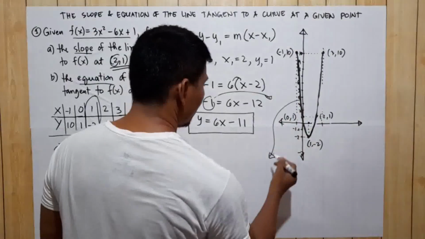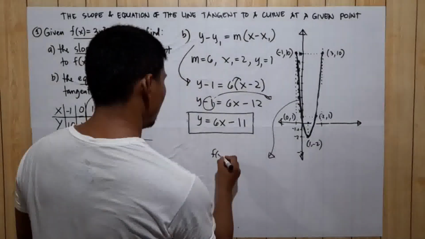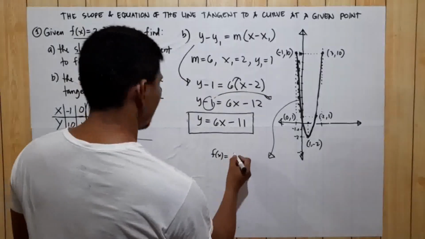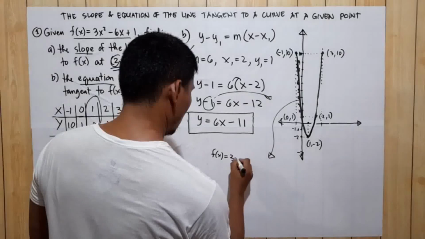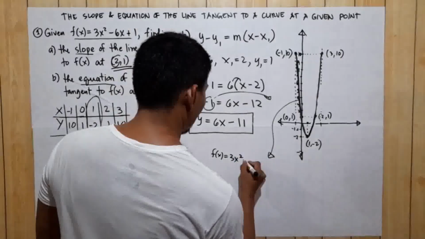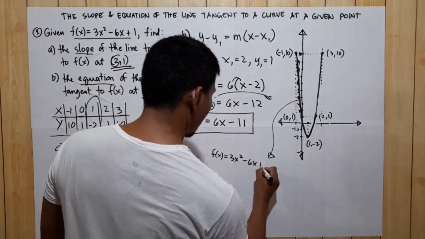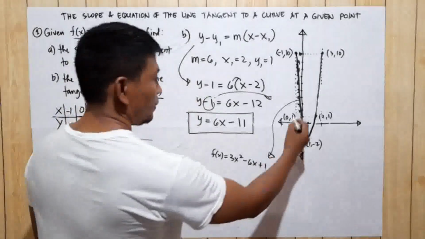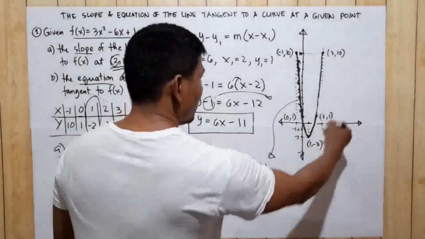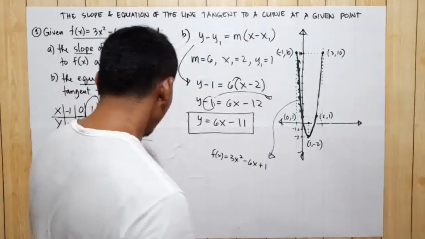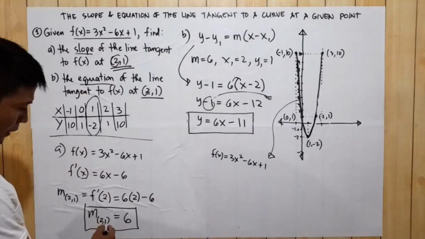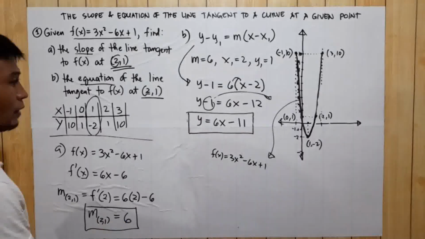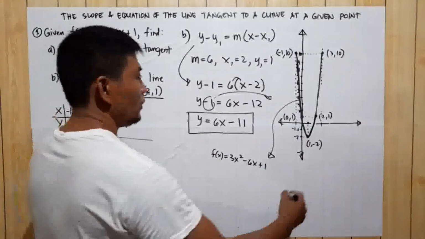Ito po yung f of x natin, which is f of x equals 3x squared minus 6x plus 1. So, yan po yung f of x natin na parabola po siya. So, ngayon naman po, ito naman pong slope na m at (2, 1) equals 6 refers to dito po.